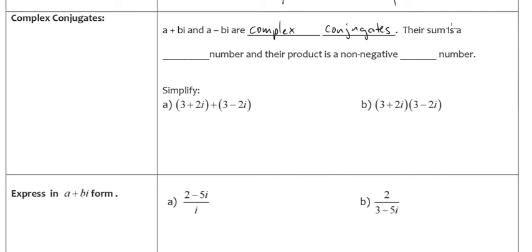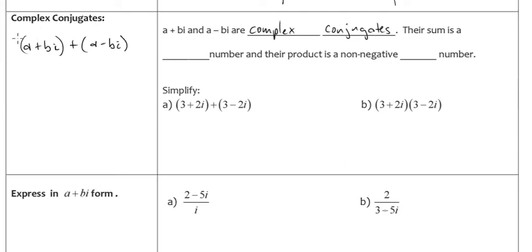Let's go ahead and find out what their sum is. If we have a plus bi plus, so again there's the sum, a minus bi, well let's find out what that's going to be.